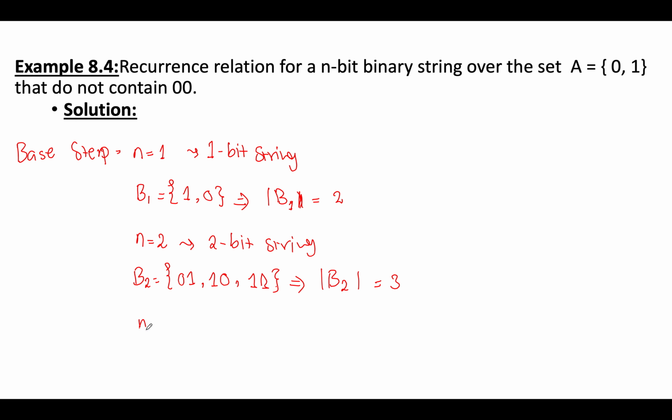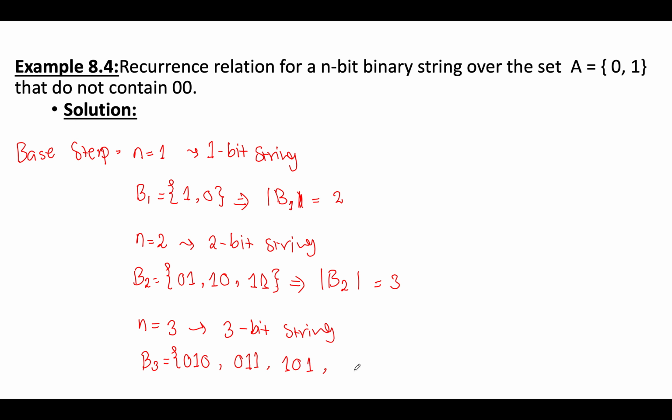All right, now let's suppose I have n as 3, which means 3-bit strings. Now B3 is equal to, where I have 3-bit strings, then it might be 010, 011, 101.